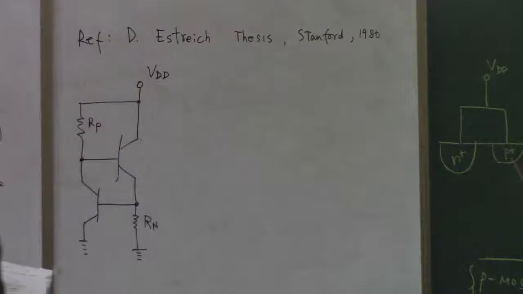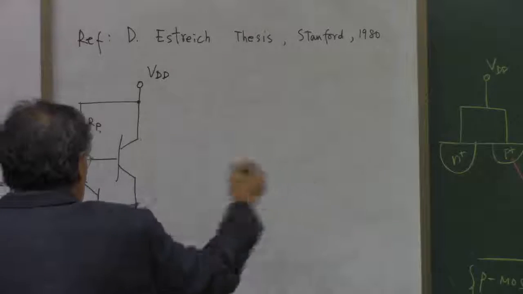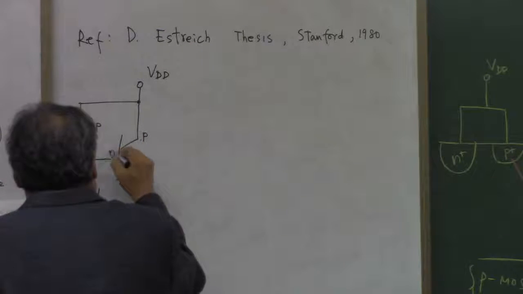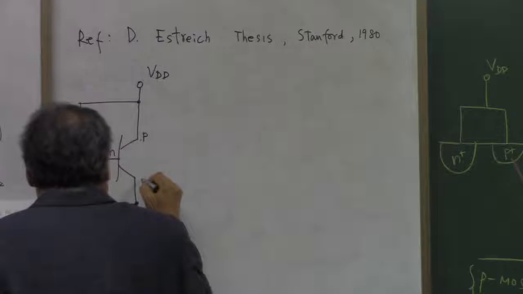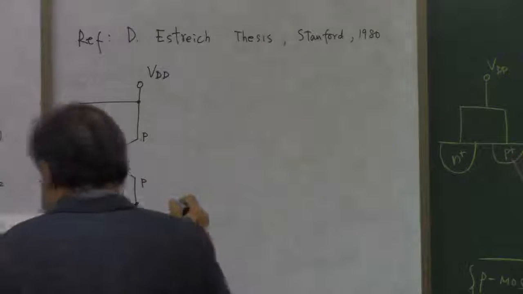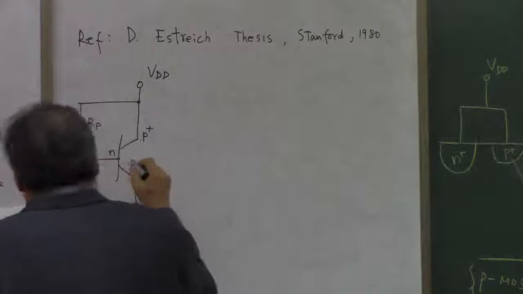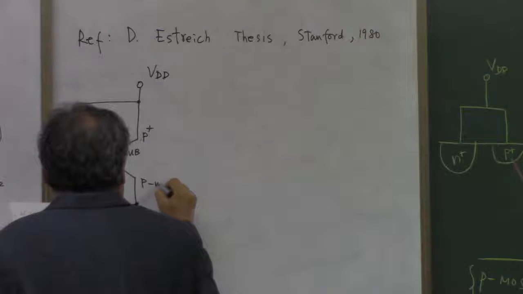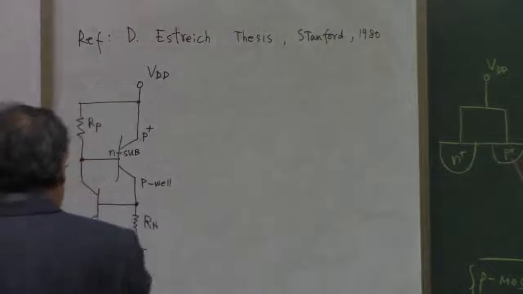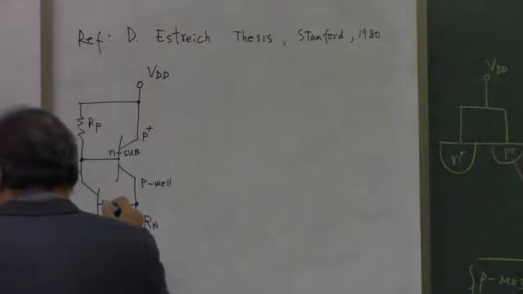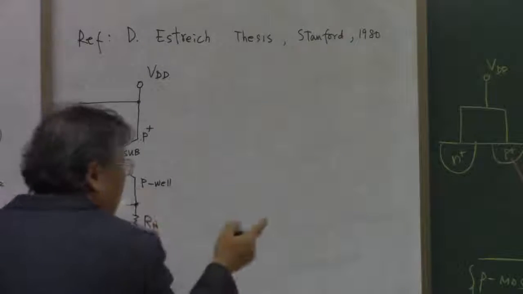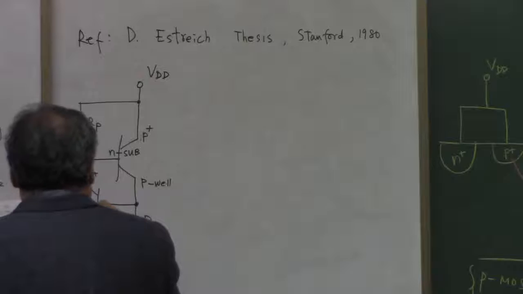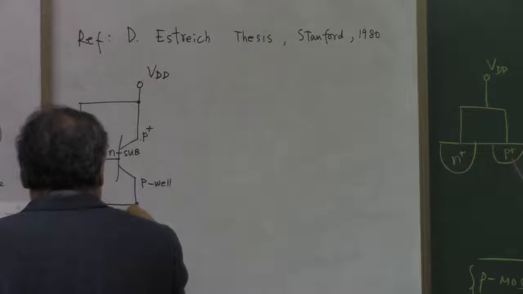Okay? And according to the figure, this is a P and P, and let's say this is a P plus, and there is N sub, and this is a P well, okay? And this vertical bipolar transistor is an N plus, and then a P well, N sub.